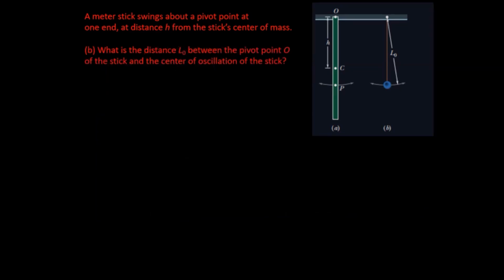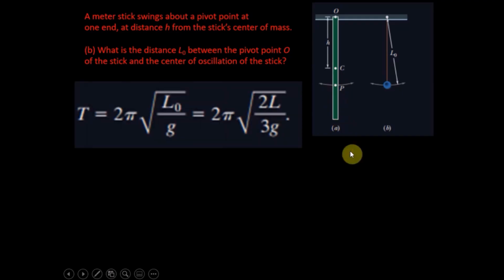So part B says, what is the distance L0 between the pivot point O of the stick and the center of oscillation P of the stick? Well, we know from the previous part that T was equal to 2 pi root L over g, which is equal to 2 pi root 2L over 3g.